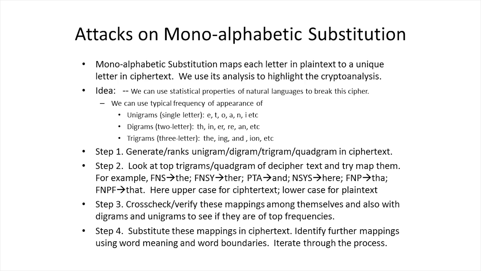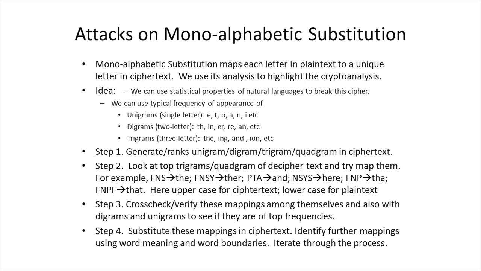Here we use uppercase for denoting the ciphertext and lowercase for the plaintext. From the first couple of words, we find F in the ciphertext is mapped to plaintext T, N mapped to H, S mapped to E, Y mapped to R. We can actually confirm them using the rest of the mappings.